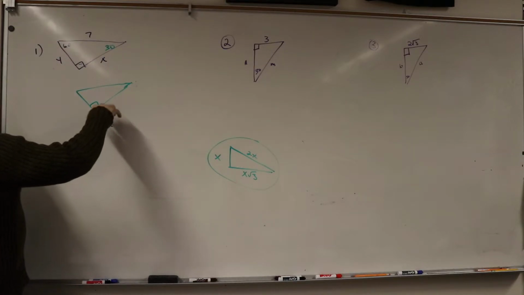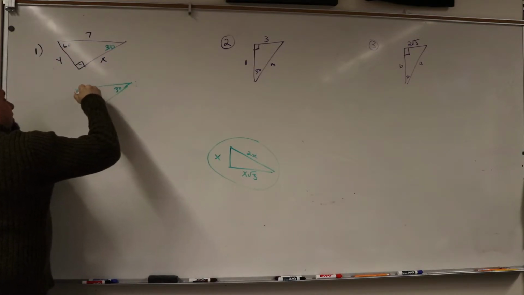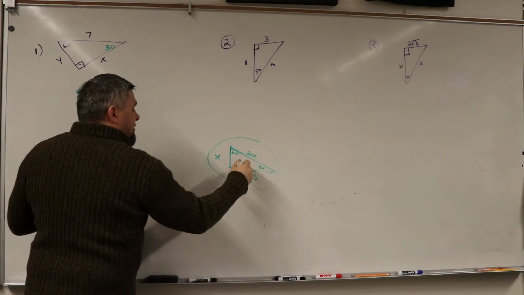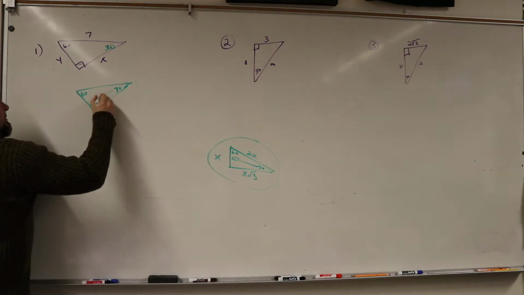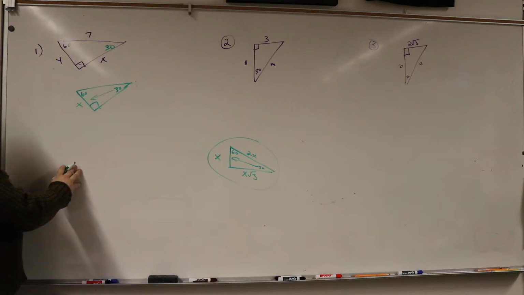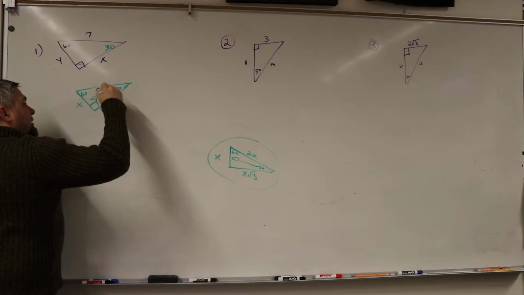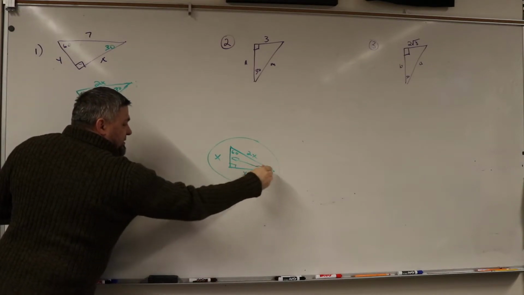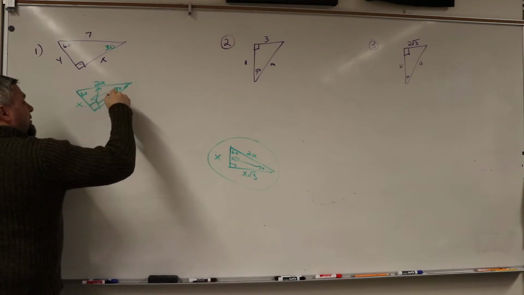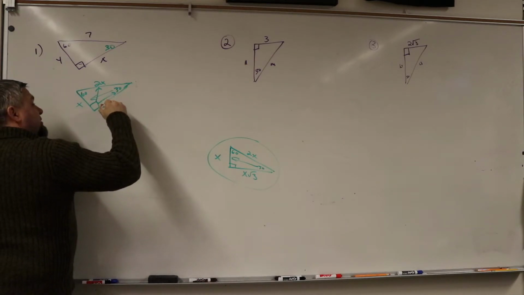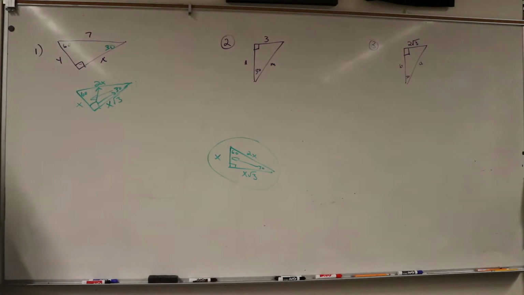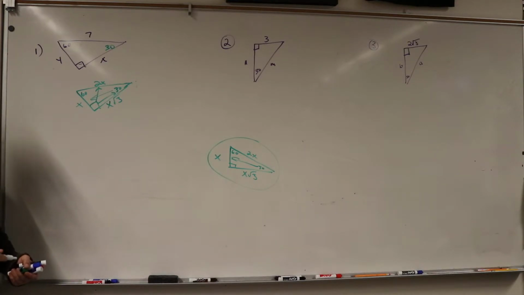And you go, okay, so if this is 30 and this is 60 and this is 30 and this is 60, that means across from 30 is x, right? The hypotenuse is always 2x. And from the 90 to the 30 is the x square root 3. And that's your 30, 60, 90 base special triangle, right?